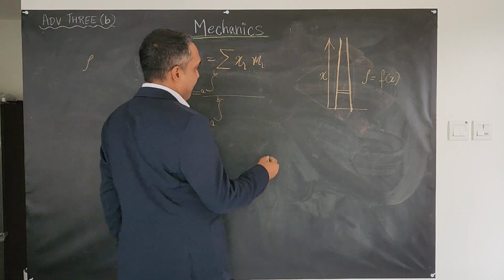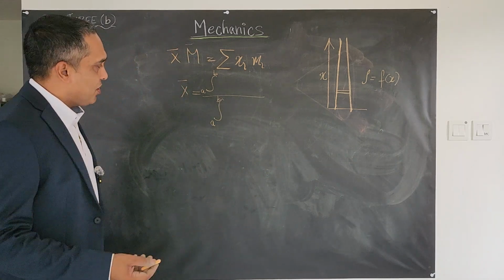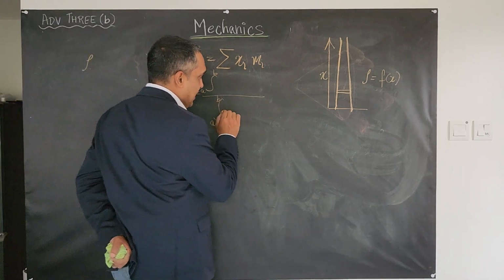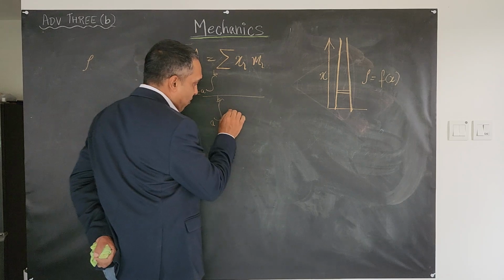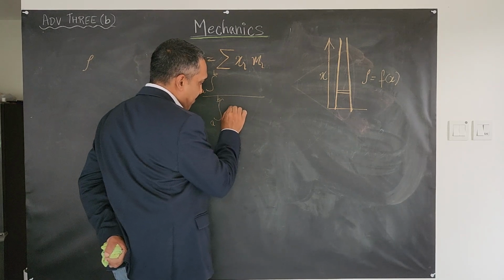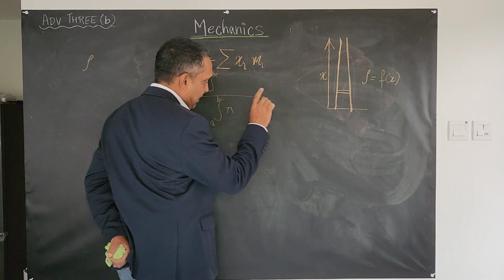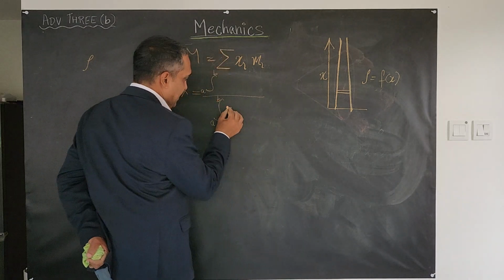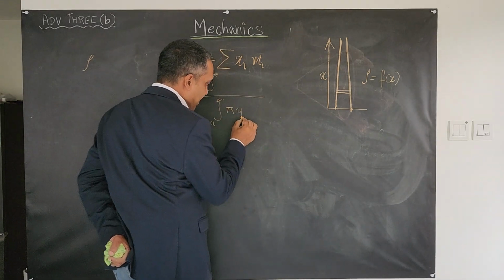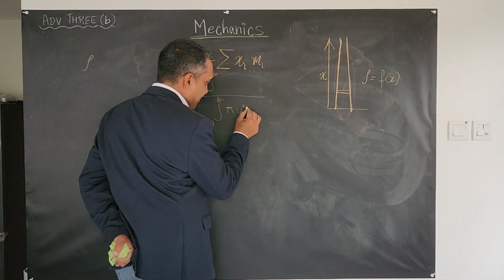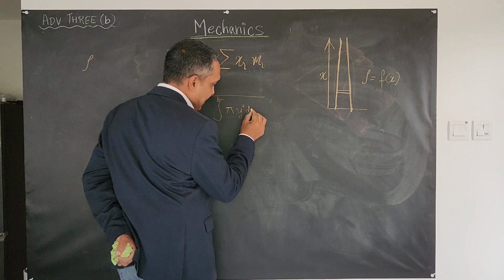That area was a y, if I used a y function or whatever I used for it, but this time, however you define the area, observe what happens. I'm still having my pi because I'm still spinning it. It's a pi y square. Let's say I set it up this way with my dx.